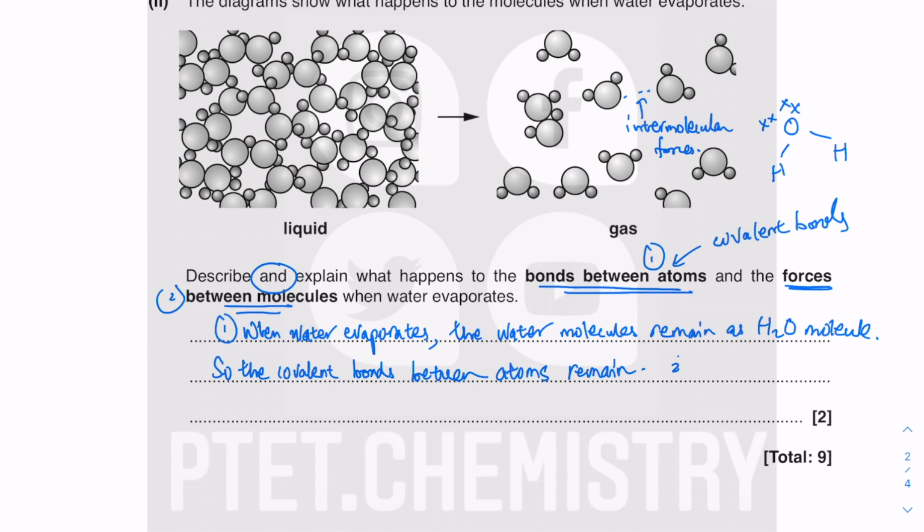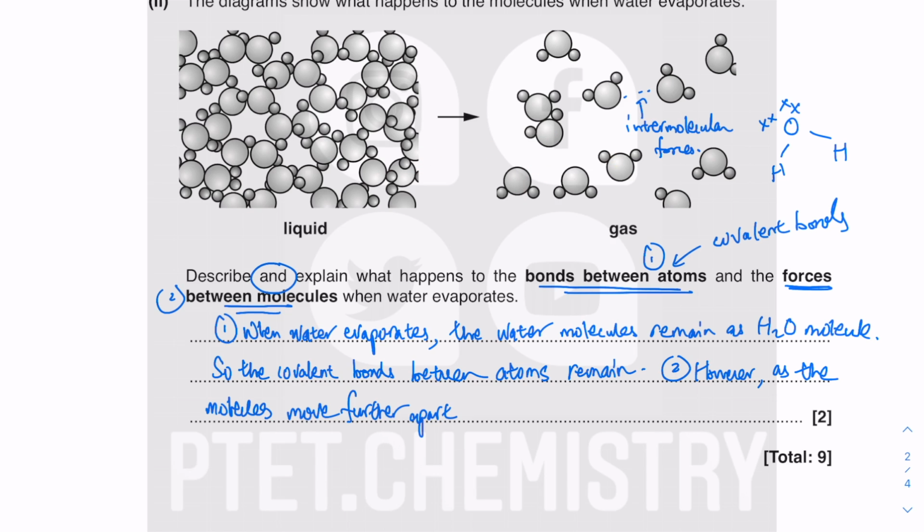However, as the molecules move further apart, these intermolecular forces are what held the liquid molecules together, and because you want to go into the gaseous state where the particles are very far apart, you need to separate the particles.